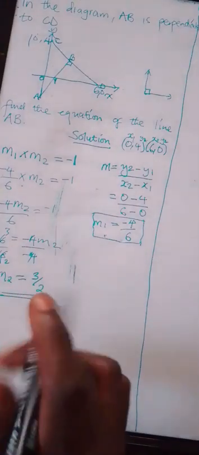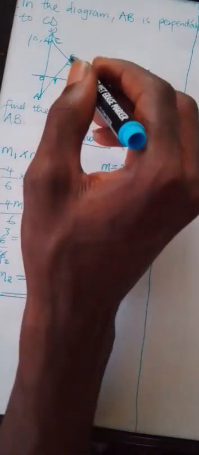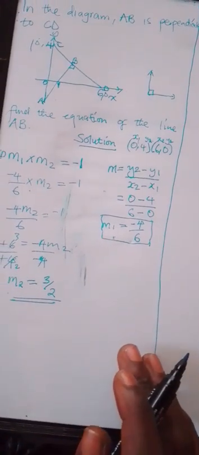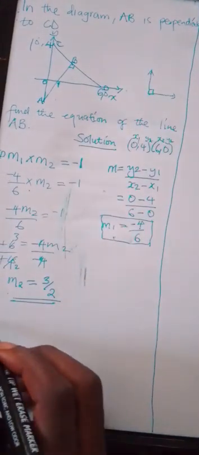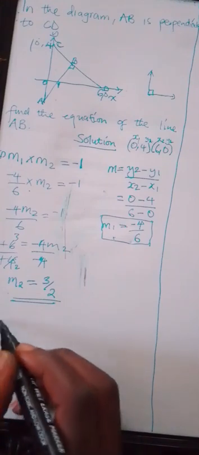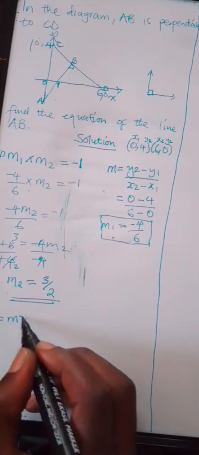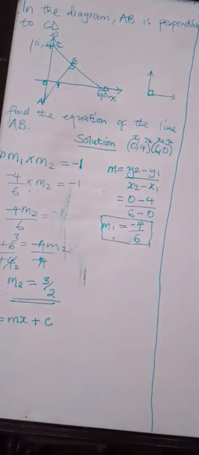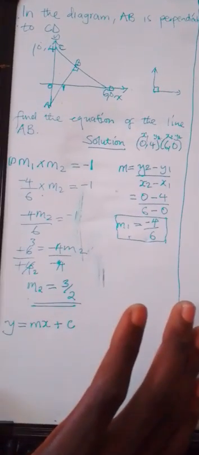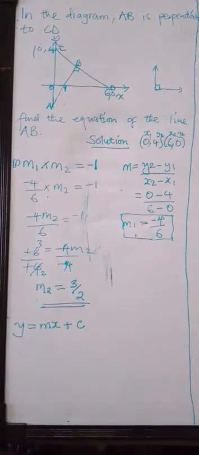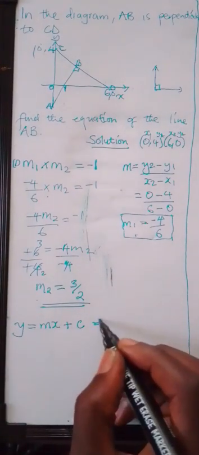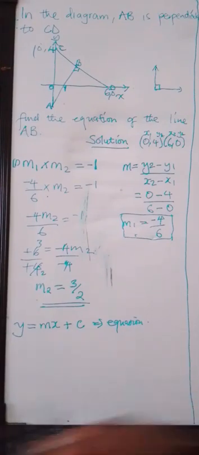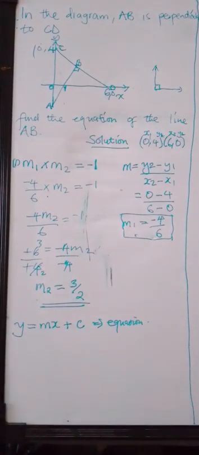So this is our gradient for AB. After finding the gradient for AB, we are going to use the equation y is equal to mx plus c. This equation is basically the equation of a straight line, and you have to know it.